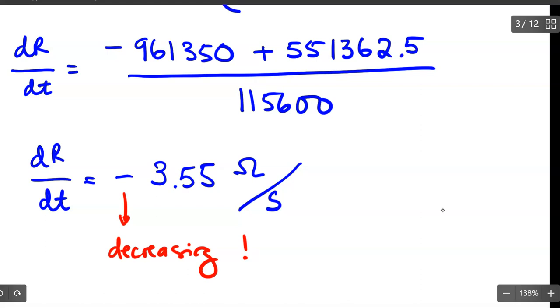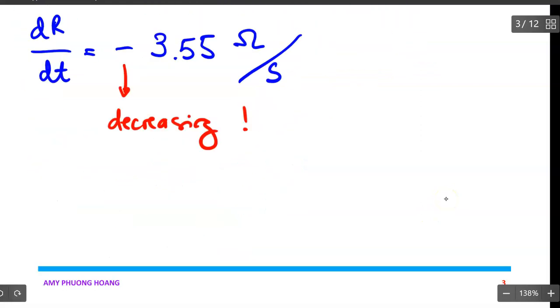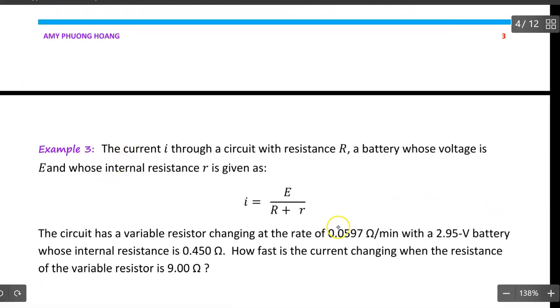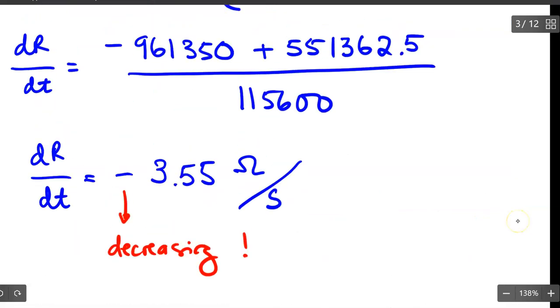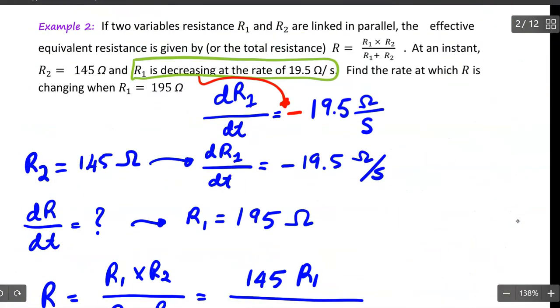All right. I have a couple of minutes left. I will work with example 3 and example 4 in the next video. Let me recap what we have here. I have two resistors connected in parallel, and in solving for R, the total resistance changes when R1 equals 195.